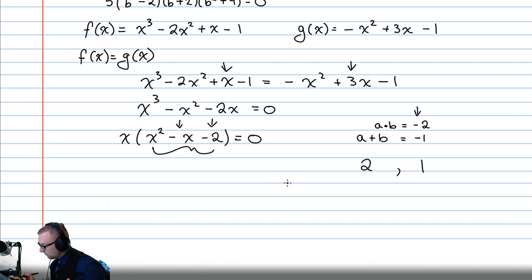It matters, because it also has to satisfy this equation. I would say 2 must be negative. Good, because if you go -2 plus 1, you get -1.